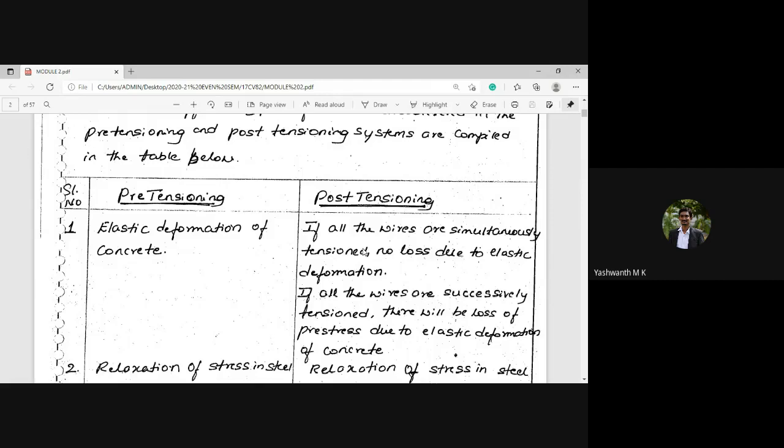How? If all those three or four wires are tensioned together, or simultaneously, then there will be no loss due to elastic deformation in the case of post-tensioning. Please note this point, because all these things are very important while doing the analysis.